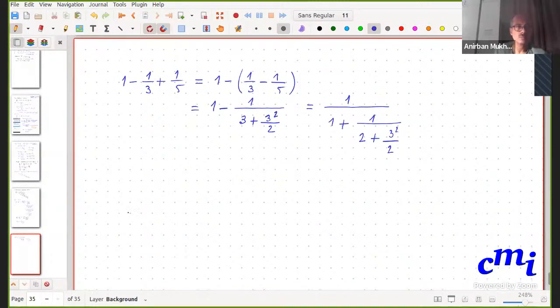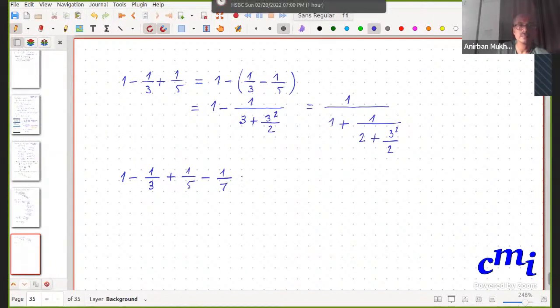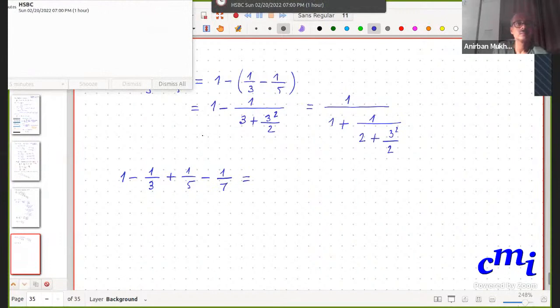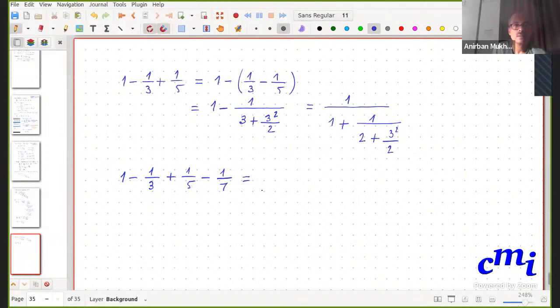And let's do the next one. 1 by 1 minus 1 by 3 plus 1 by 5 minus 1 by 7. So this is 1 minus 1 third plus, we need to use the formula thrice.